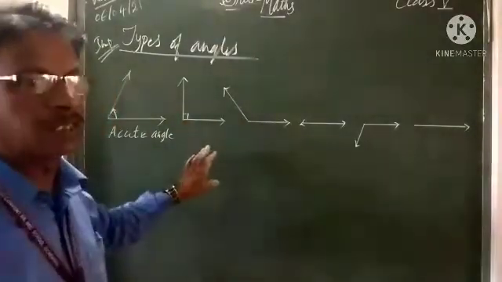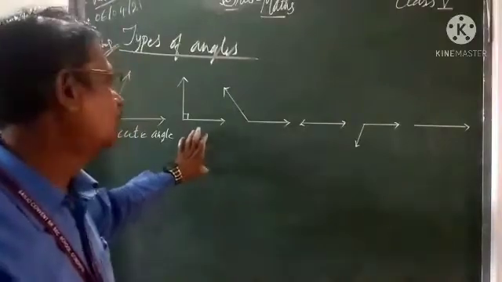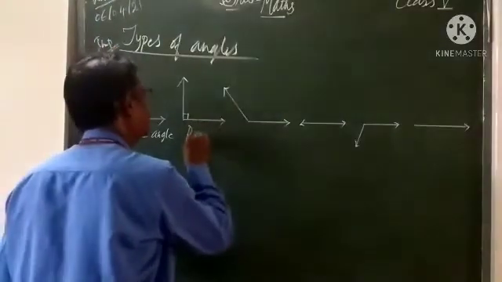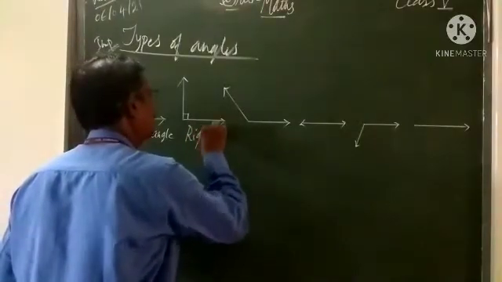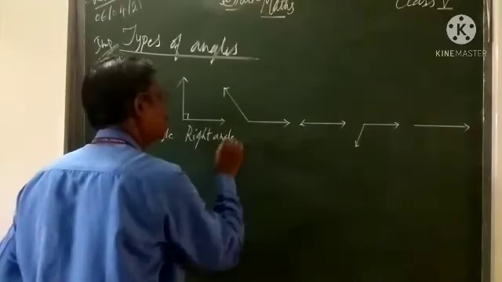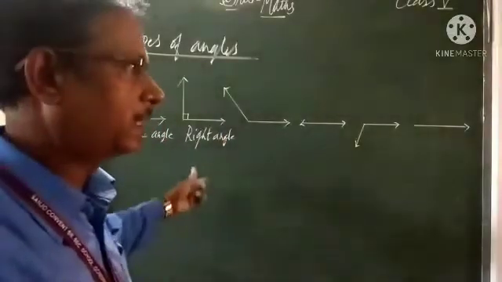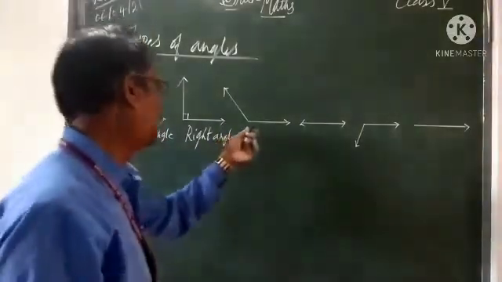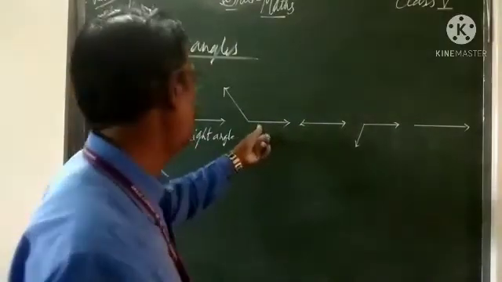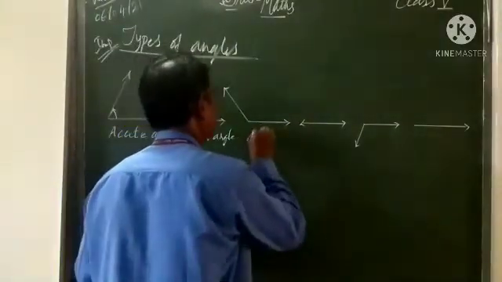An angle whose measure is exactly 90 degrees is called a right angle. Exactly means accurate 90 degrees we are getting. Then only we can say that it is a right angle. Otherwise not. An angle whose measure is more than 90 degrees is called what? Obtuse angle.